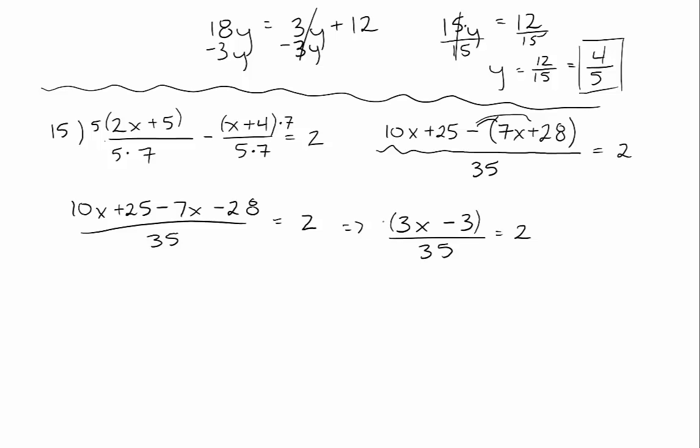I want to get rid of the 35 in the denominator, so I'm going to multiply by 35. 35 divided by 35 is simply 1, so I have 3x minus 3. I have to multiply the other side by 35. Got to do the exact same thing to the other side. And I get 2 times 35 is 70. So we'll get 3x minus 3 is equal to 70.